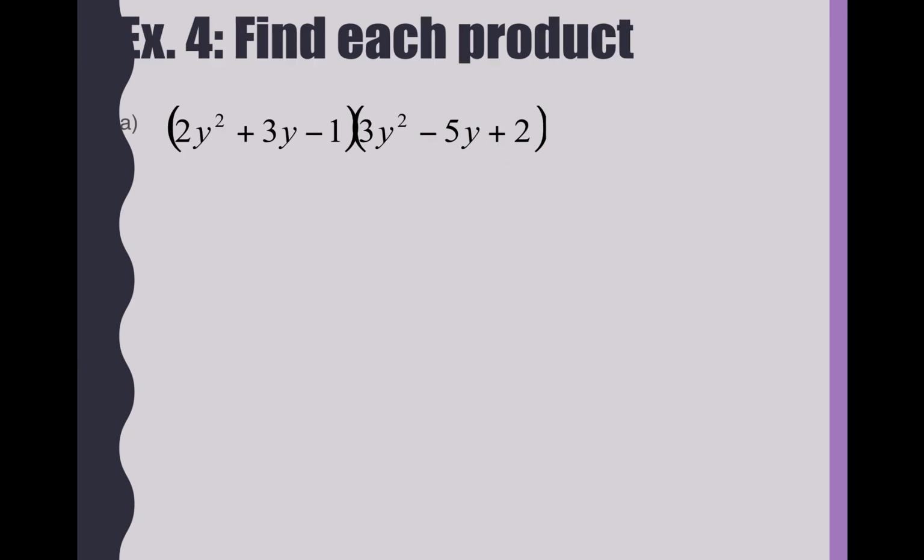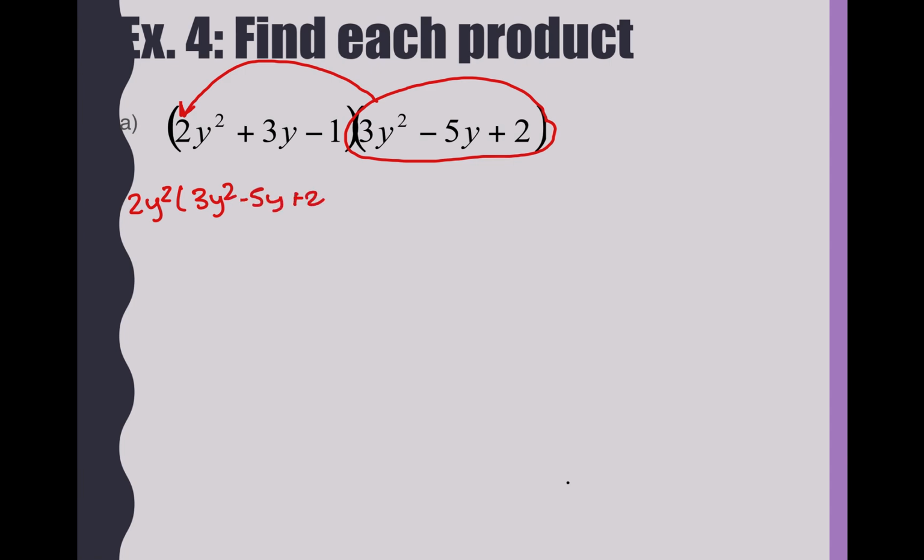Okay, now find the product when I have a 3-term polynomial times a 3-term polynomial. You guessed it, we are going to keep using the horizontal method. I'm going to take my whole 3-term polynomial, and I'm first going to distribute to my first term in that polynomial. So that's 2y squared times 3y squared minus 5y plus 2.